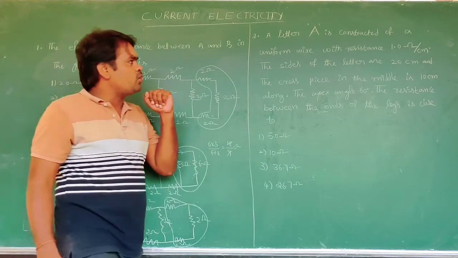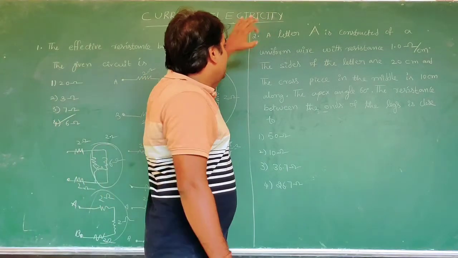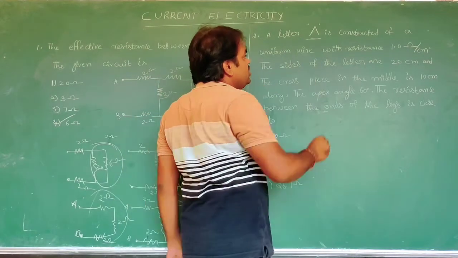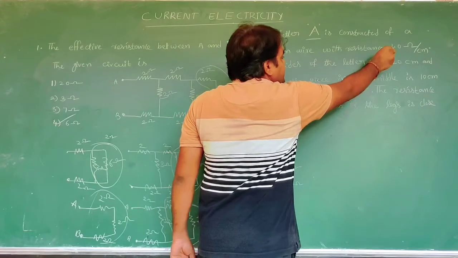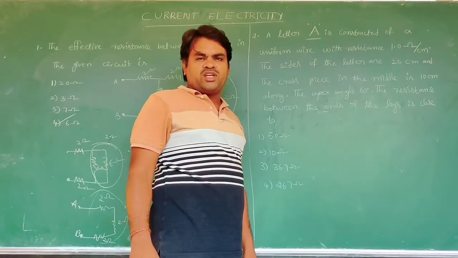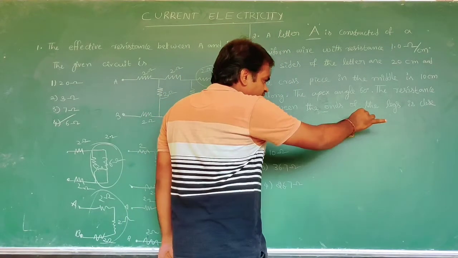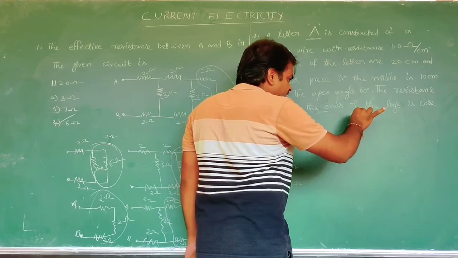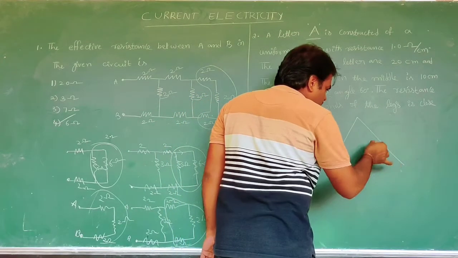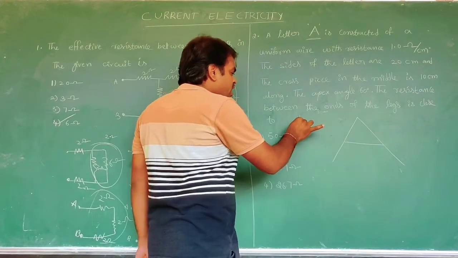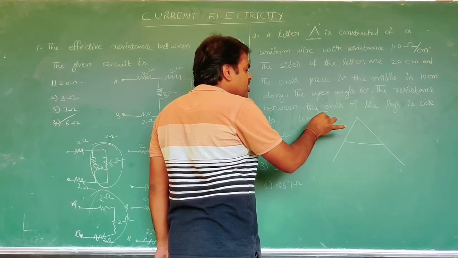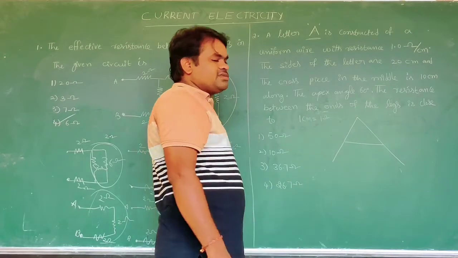Now going to second problem. It's very important. A letter A is constructed from a uniform wire with a resistance of 1 ohm per centimeter. It is a constructed letter A. It is a uniform resistance, meaning 1 centimeter contains 1 ohm of resistance.